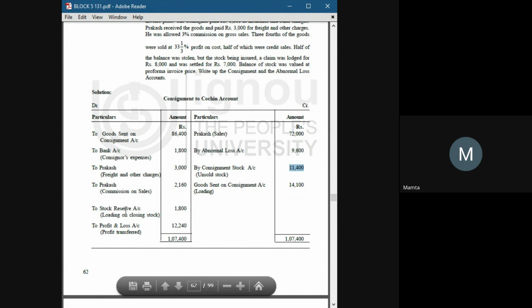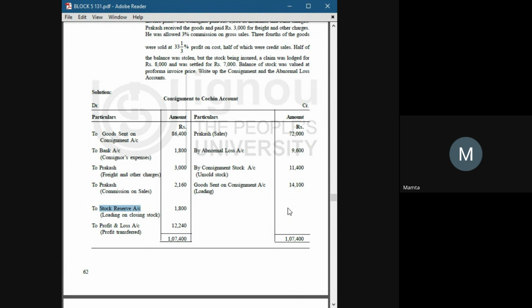The stock reserve account: consignment account debit to stock reserve account, meaning loading on closing stock, 1,800 rupees. This is the loading on goods sent on consignment account. We have added this amount as loading, and this is the stock reserve account, loading on closing stock.